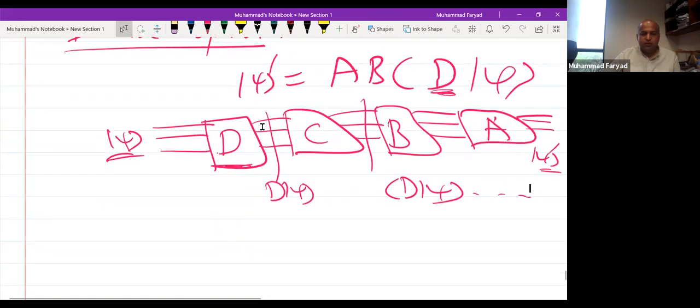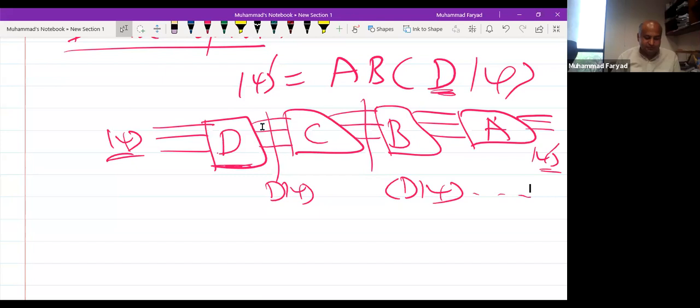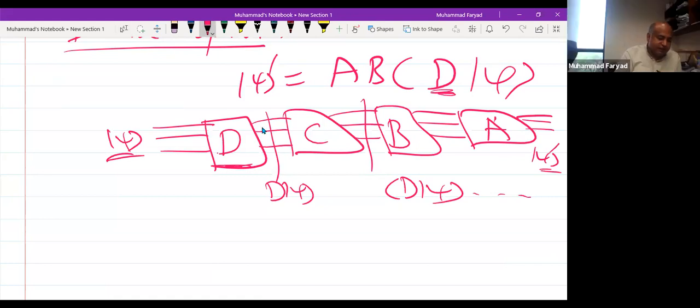So what do we need to do? Can you guess? We would have to run it through the gates again in the same order. No. We can easily do it if we just think about this.